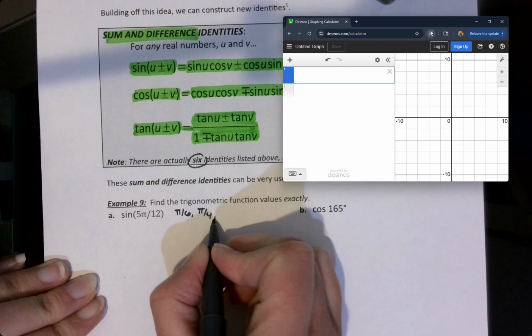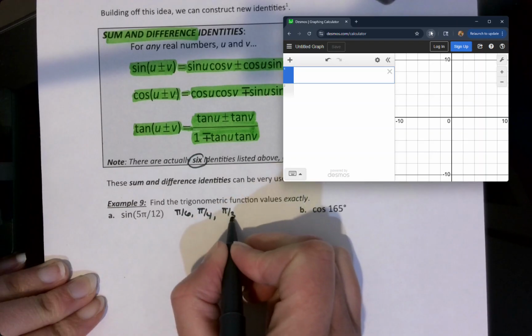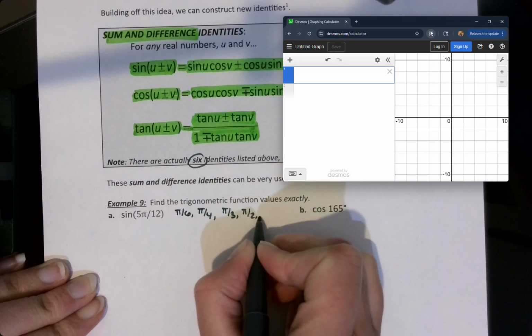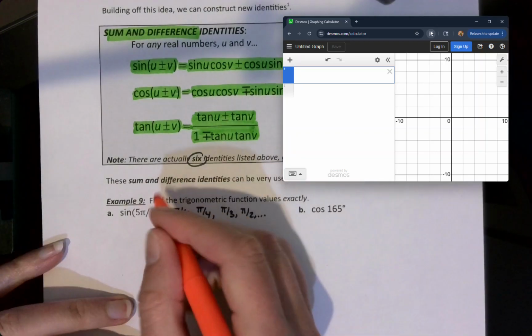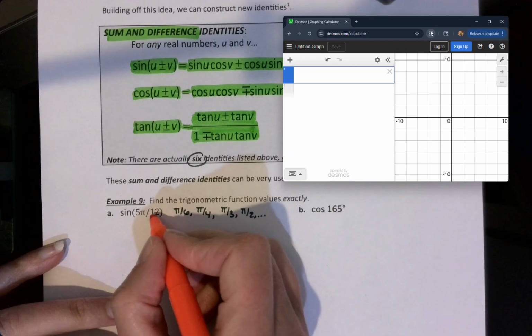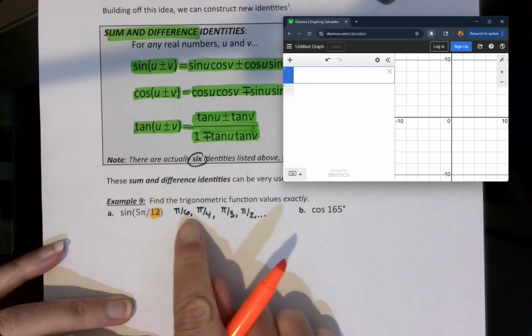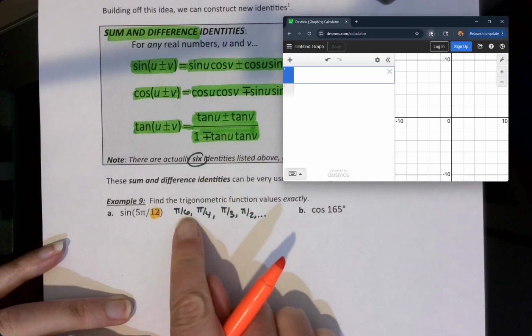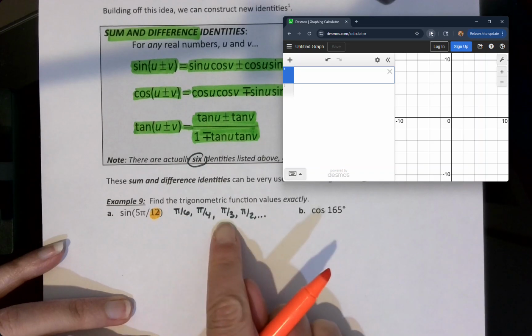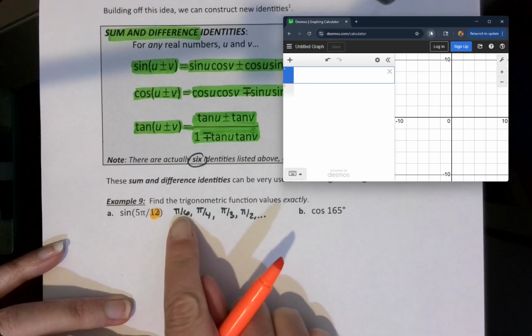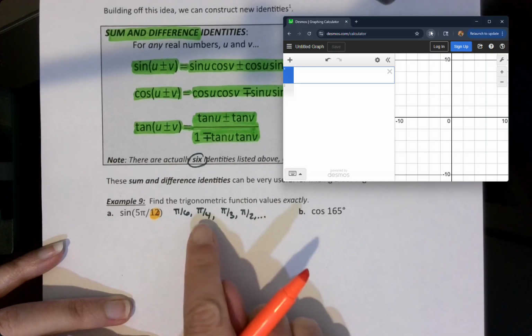And if I used two numbers like pi over 6 and pi over 3, their common denominator would be 6. But if I use numbers like 6 and 4 or 4 and 3, their denominator is going to be 12. So I know I'm going to have a 4 in the denominator. So let's see if we can build up to 5 pi over 12 with a pi over 4. So I need to take 1/4 of pi plus something and get 5 pi over 12.